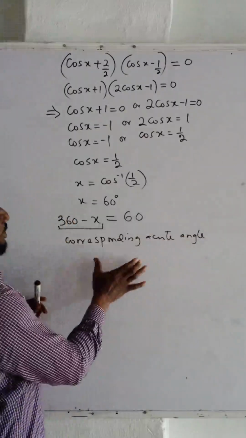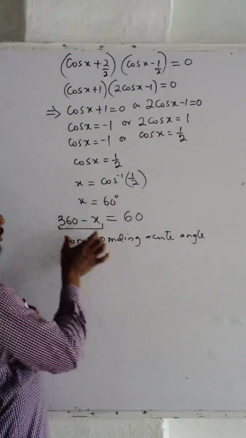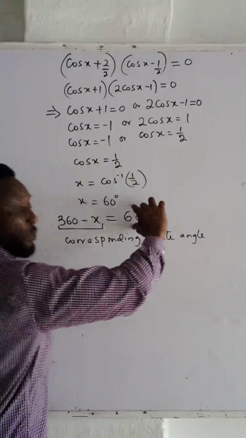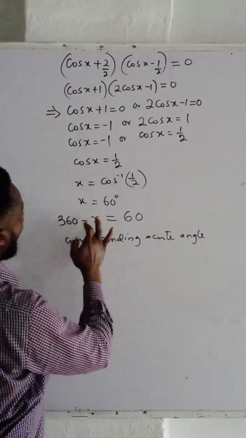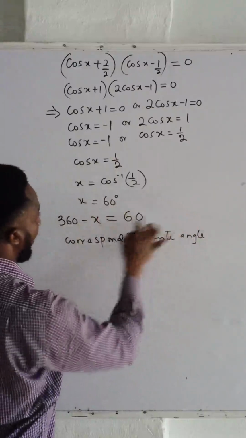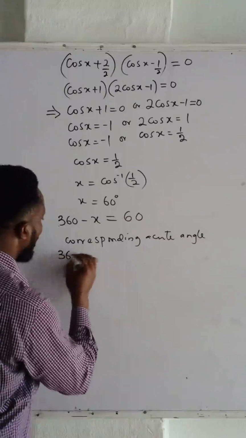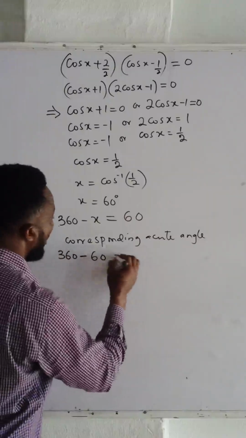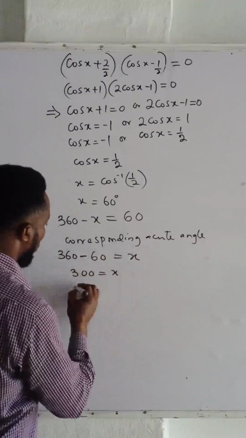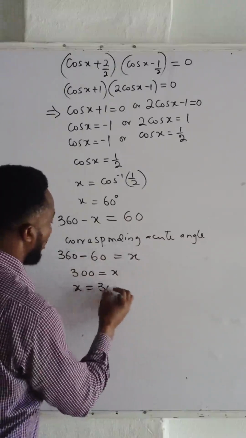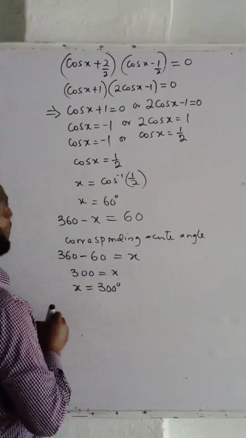So in the fourth quadrant, to get the corresponding acute angle when you are given a particular angle, subtract it from 360 equal to that acute angle. So at the end of the day, if I take negative x to the right, I will take 60 to the left, it becomes negative. So we have 360 minus 60 equal to x. So this will be 300 equal to x, which I can write as x equal to 300 degrees. So this is the second solution.